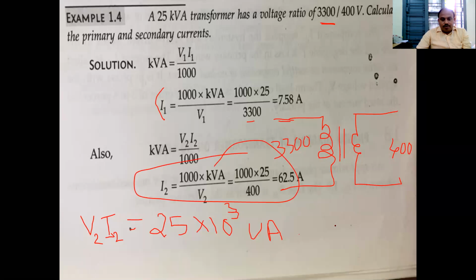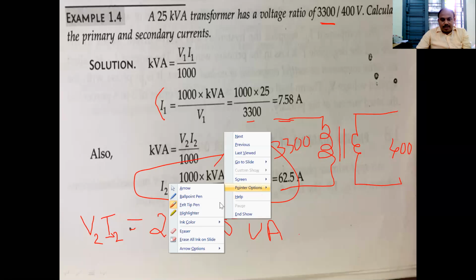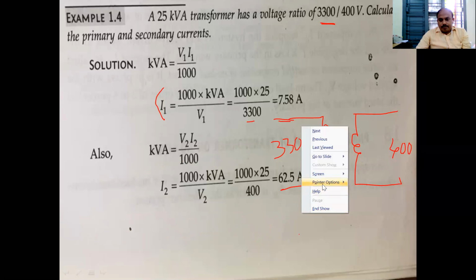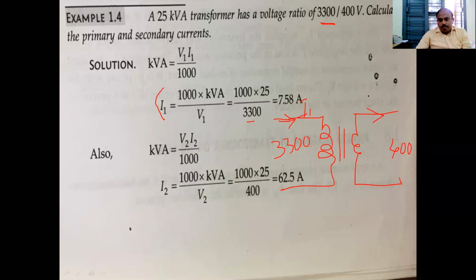Okay, so the primary voltage is high, 3300, and the secondary voltage is 400 volts. This is the I1 value and this is the I2 value, the primary current and the secondary current. The primary current equals 7.5 amperes and the secondary current value is 62.5.